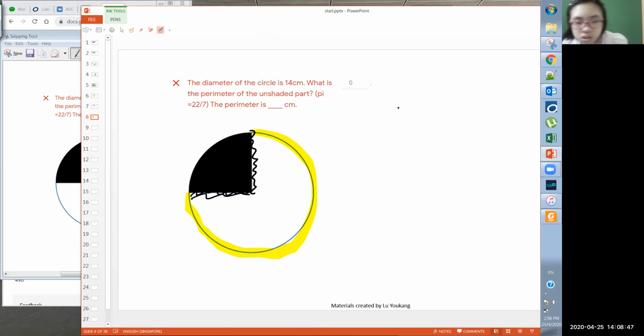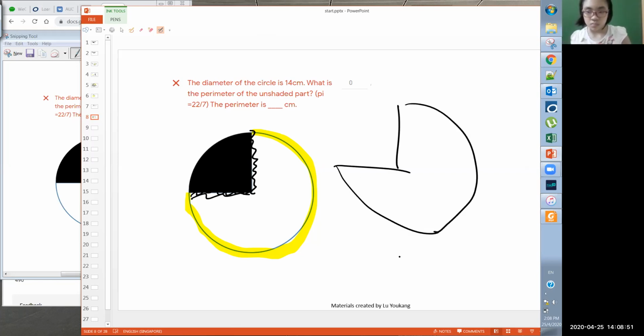Basically, this is the one you need to find, and the curve. That's what you need to find in order to find the perimeter of the unshaded part.